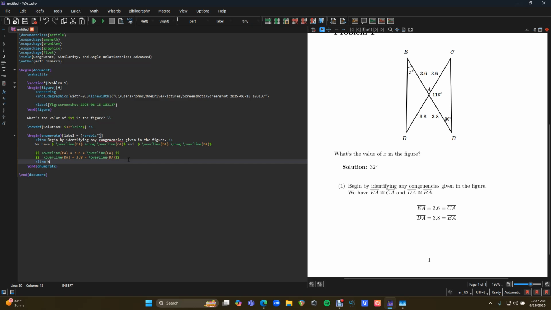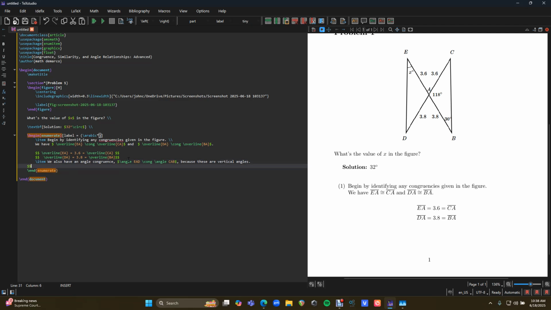Indirectly, let's see. I'll just say we also have an angle congruence. That is angle EAD congruent to angle CAB. And this is because they are vertical angles. I also have an angle congruence because these are vertical angles. That's fair.